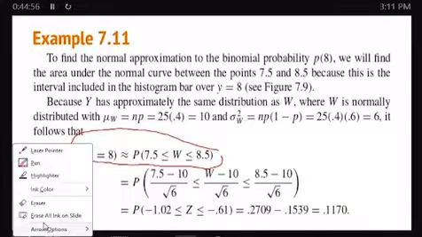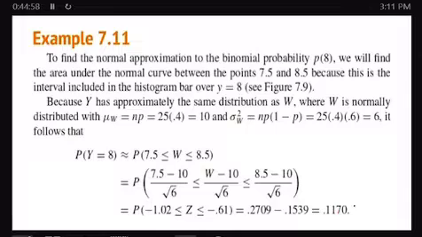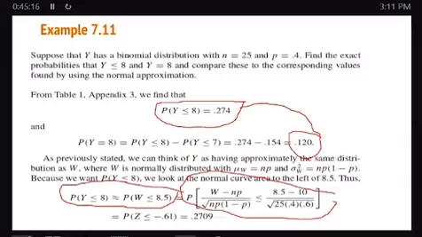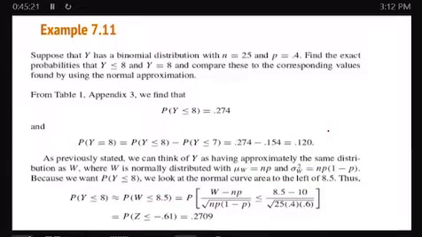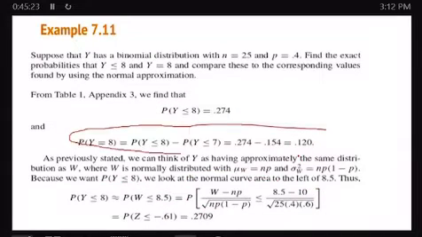Now, if you look at what I got here, it is 0.1170 when I calculate y equal to 8 using normal approximation. We got 0.117. But the actual probability value, using the binomial distribution for y equal to 8, gives you 0.120. That is the actual value.